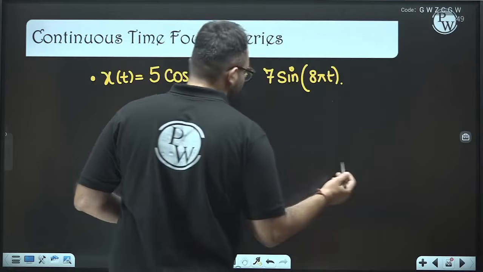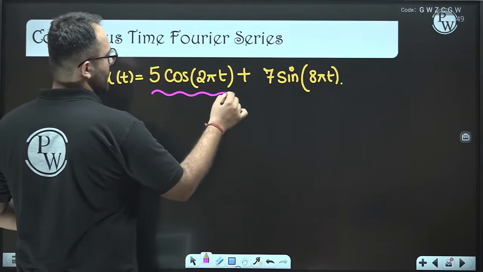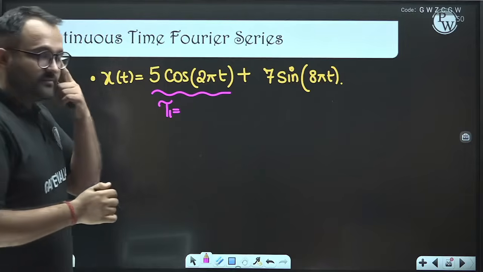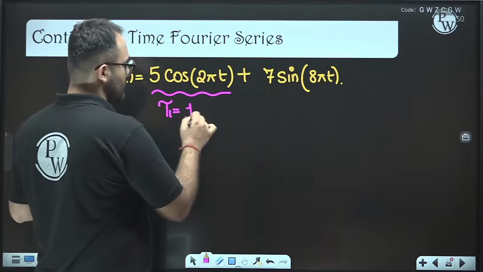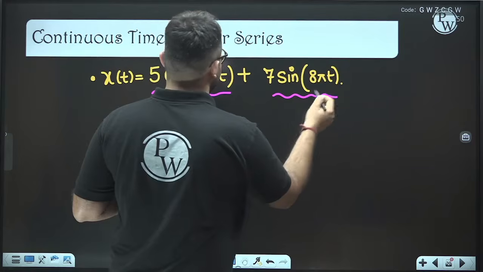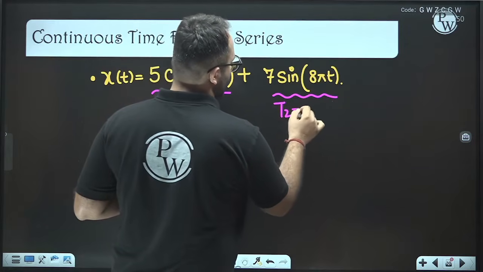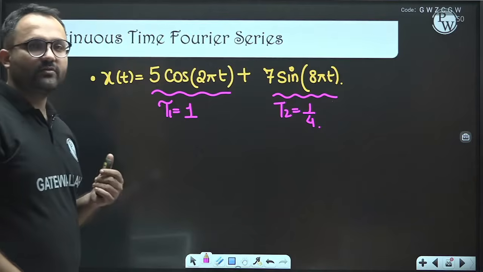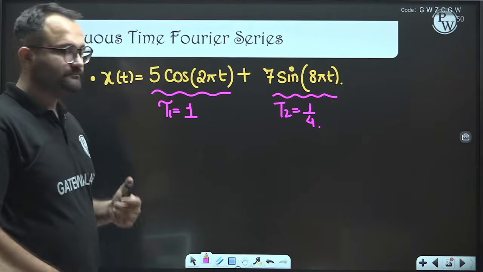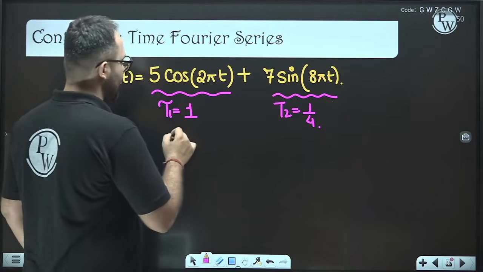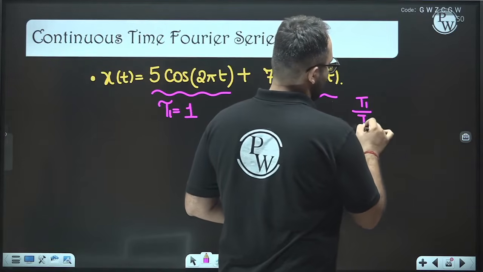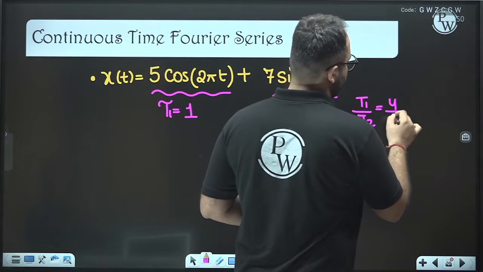So we know how to find out the period. We know that T1 is equal to 2 pi upon omega naught, that is 1. For the second term of this signal, T2 is 2 pi upon omega, that is 1 by 4. Okay. Now we find out the ratio T1 upon T2. This will come out to be 4 upon 1.